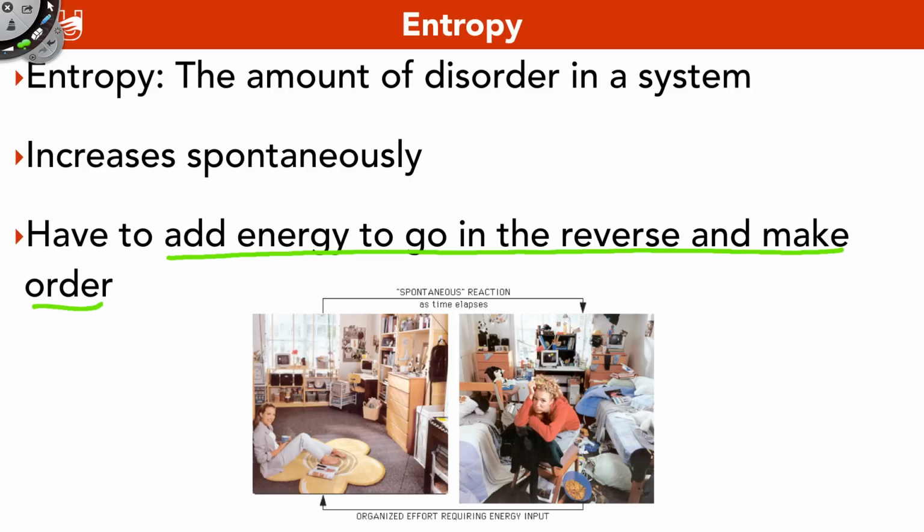We're actually going the opposite way, and when we do that, we have to put energy into the system. This discussion will become more important as we get into future chapters. But for now, we're just going to leave it with the idea that entropy is the amount of disorder in a system. Processes that increase entropy or disorder tend to happen spontaneously, and processes that decrease entropy or increase order in a system tend to require the input of energy to make that happen.